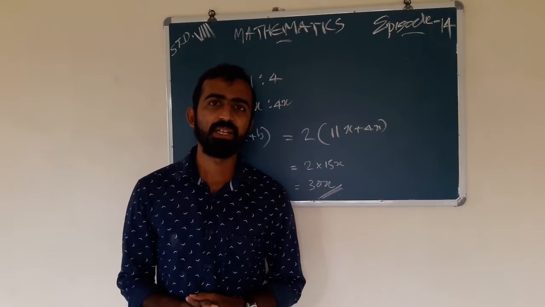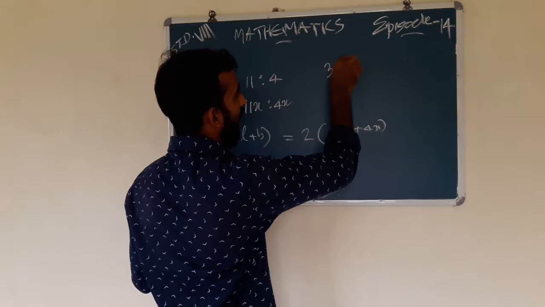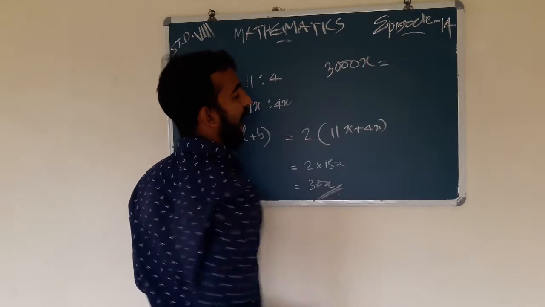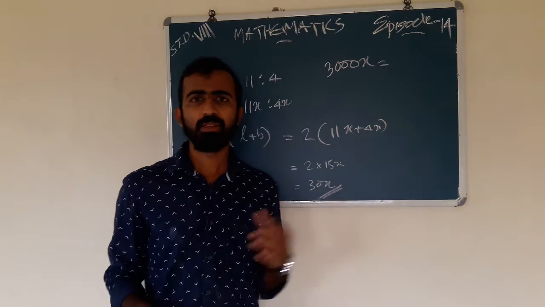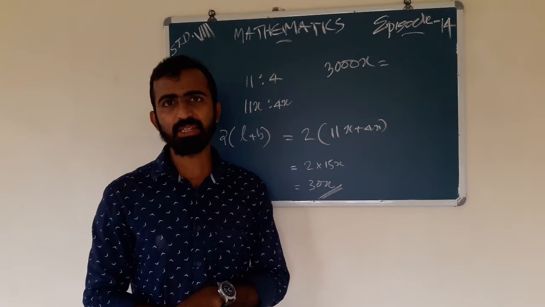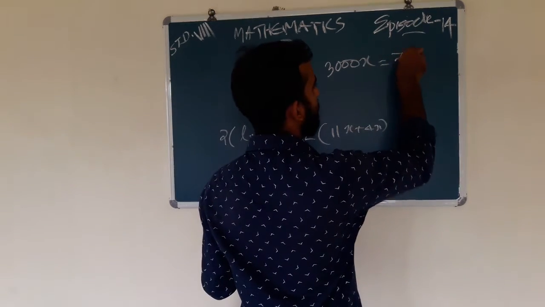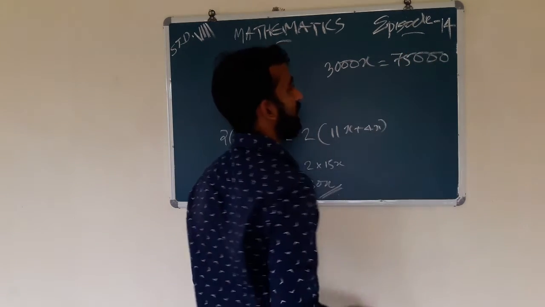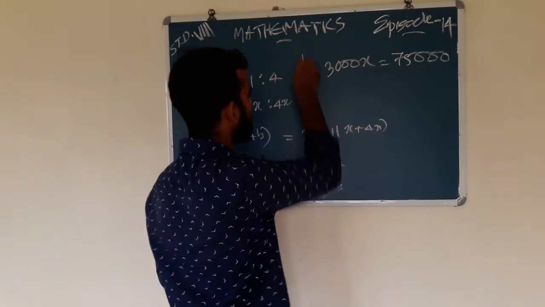Then what we get? When we multiply 100 by 30x, that is 3000x equal to 75,000.